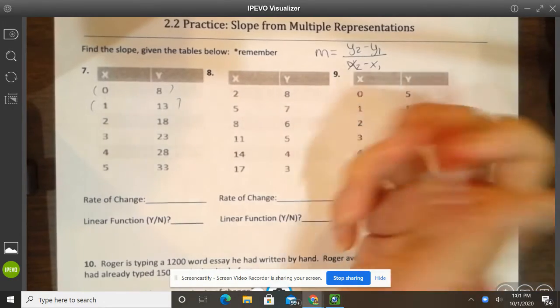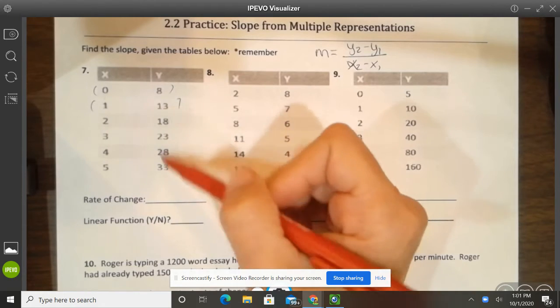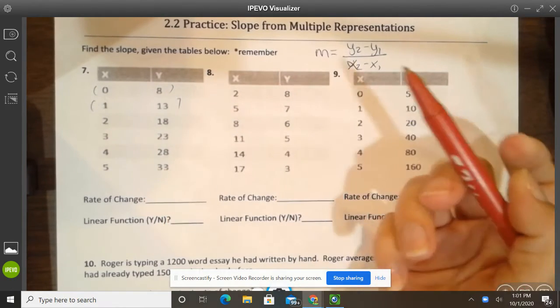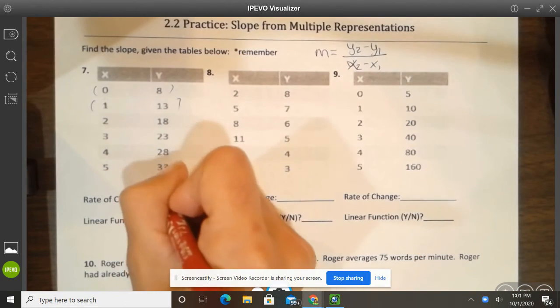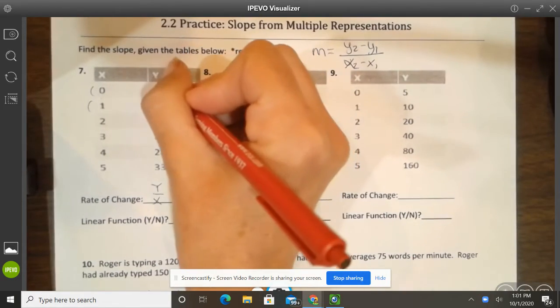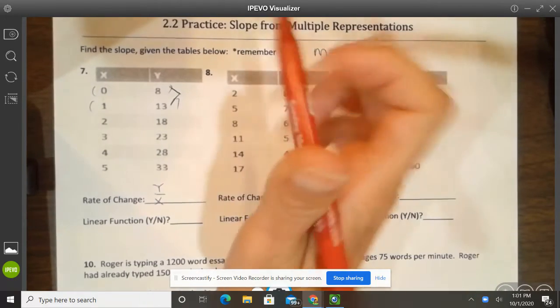You can do that. But another way to do it is to find the difference, the patterns between the y and the pattern between the x, and then it's going to be y over x. So my rate of change would be y over x. First y's, then the x. All right, so let's find a pattern. So from 8 to 12, that is increasing.